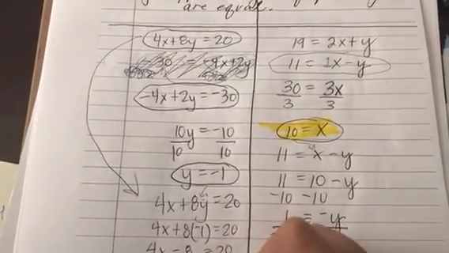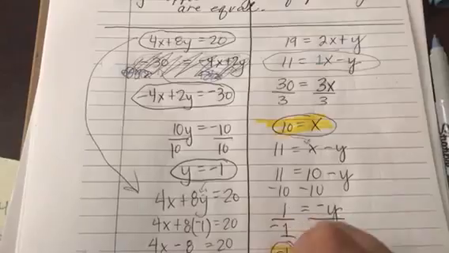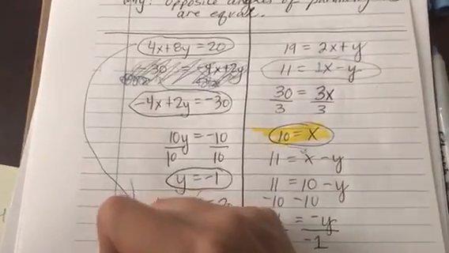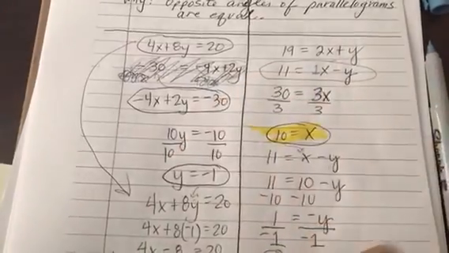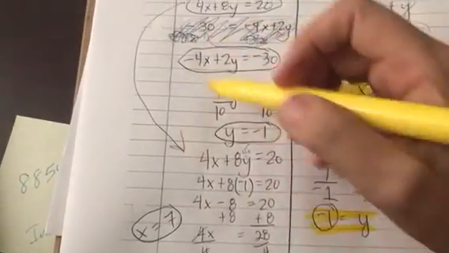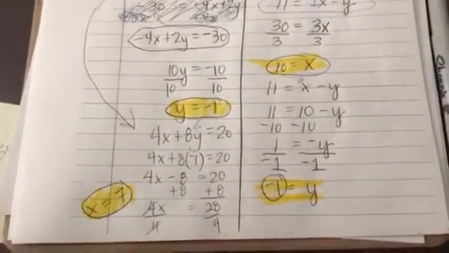Adding 8 on both sides, I get 28. Dividing by 4, I get x is 7 because 7 times 4 is 28. Looking good. So I've solved for x, I've solved for y.